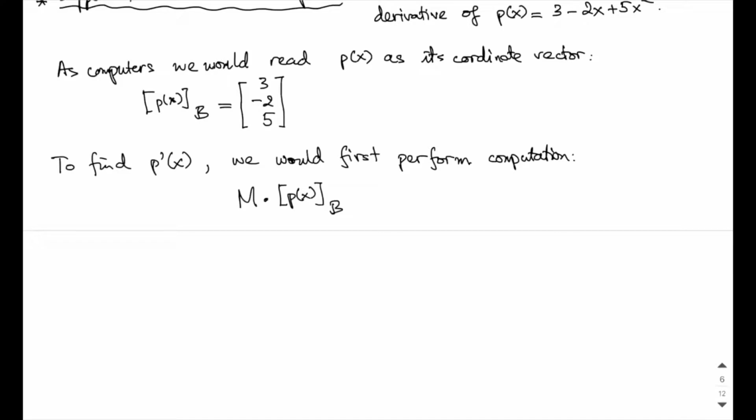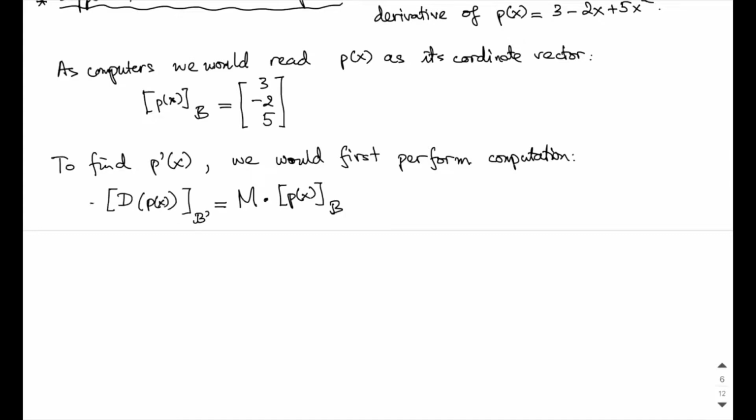Why do we need to do so? Because multiplying M with the coordinate of the polynomial p with respect to the basis in the domain is going to give us the coordinate of the derivative, the differentiation, which is T, of p of x with respect to the standard basis B prime in the target space.